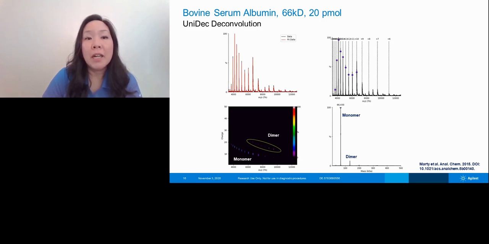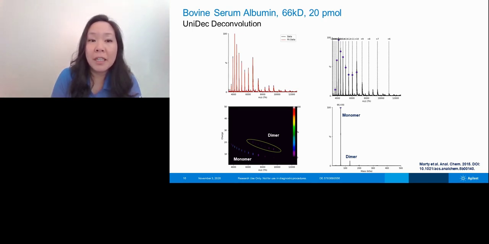You can see this is 20 picomoles on column, and with the UniDec deconvolution, on the upper left is the fitted data, which is the smoothing and baseline and peak fitting over the raw data. To the right are the annotated charge states for this particular protein. And then what's really great is that there's also a heat map, which is the plot of the charge versus the m/z.